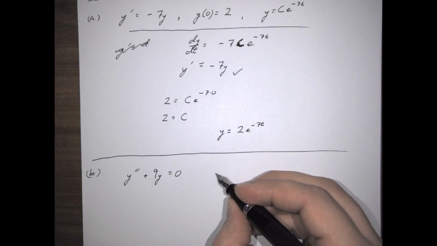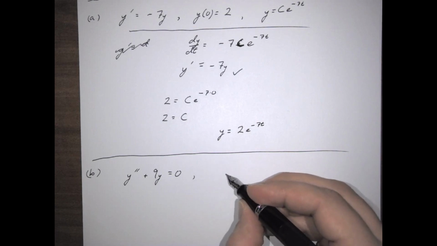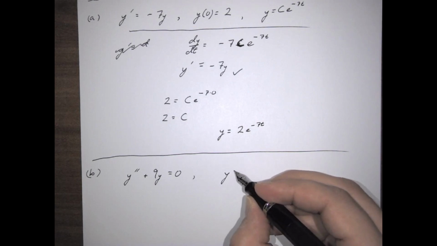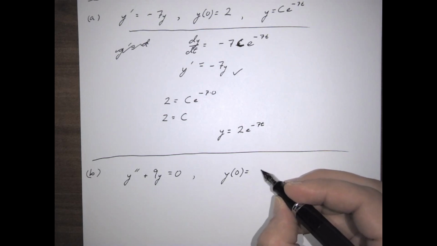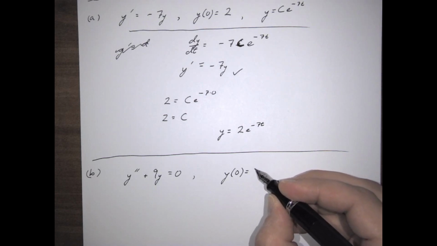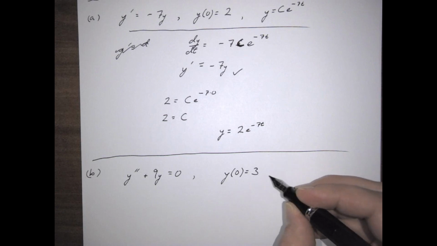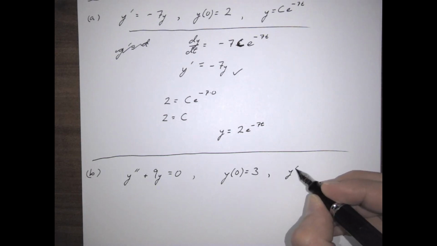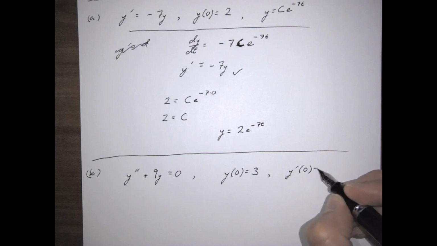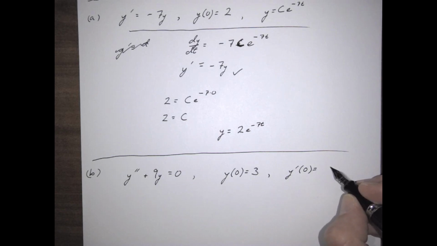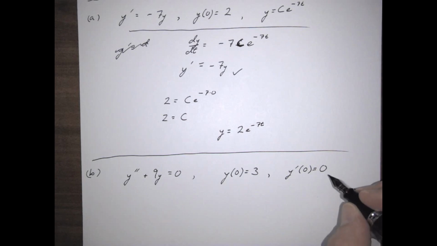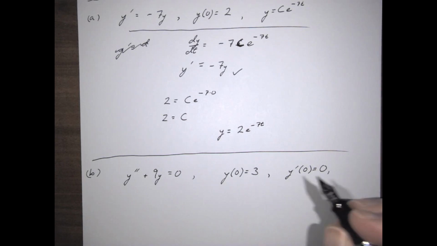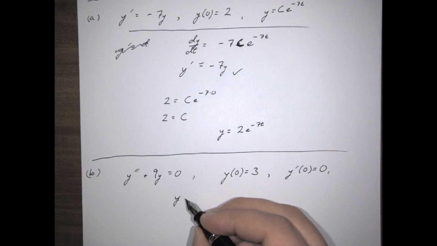We're going to be given two initial conditions here: y of 0 is equal to 3, and y prime of 0 is equal to 0. And so those are two initial conditions, and then we need a family of solutions.